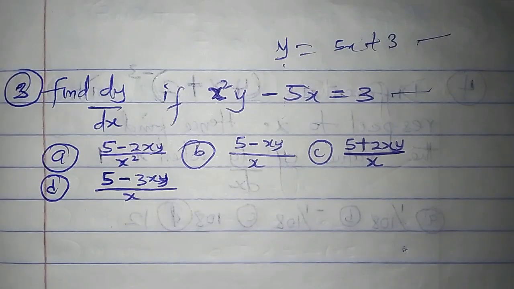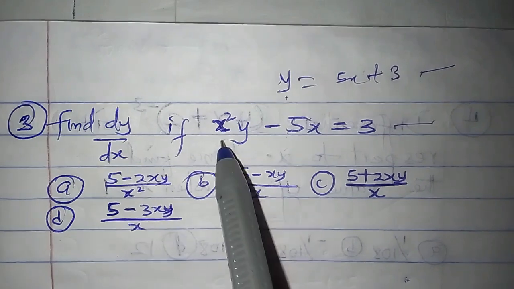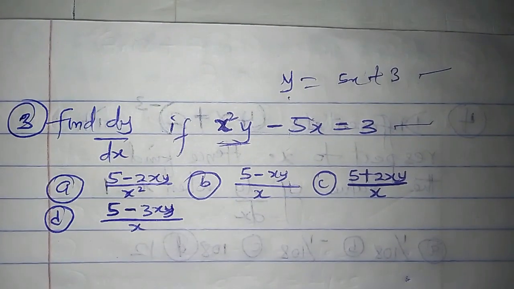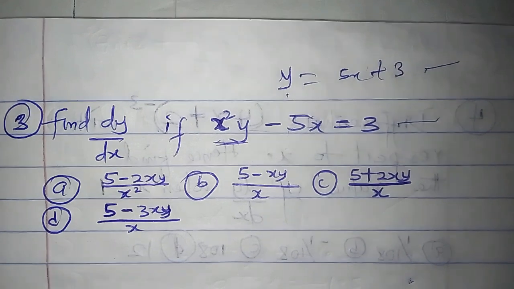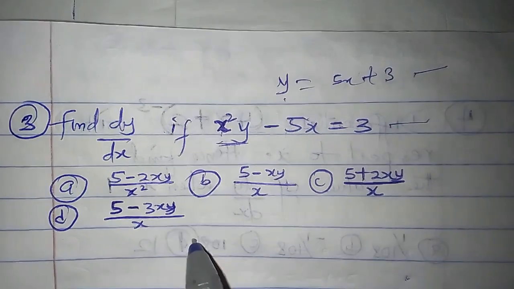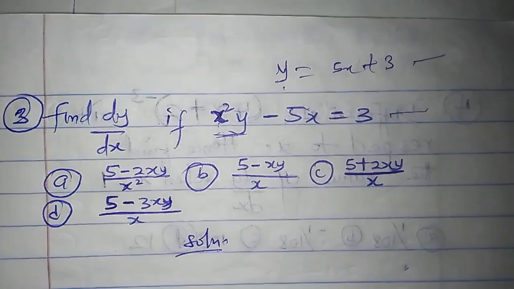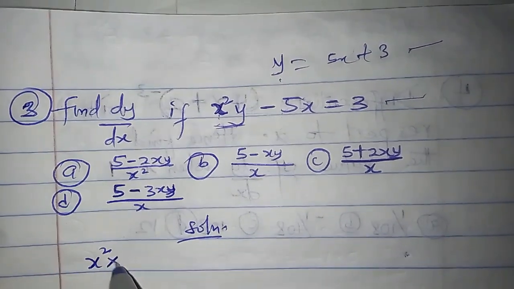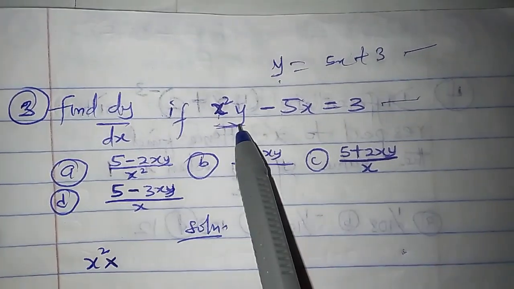Now this is how to differentiate implicit functions. You can see this is a product, x squared y, multiplying each other. So I will use the product rule to evaluate the derivative of that very function. So the product rule says, write the first function, x squared, times, differentiate this one.